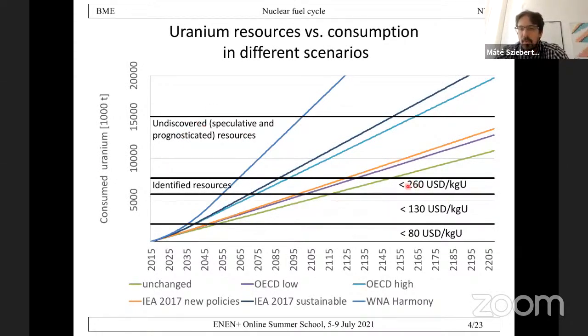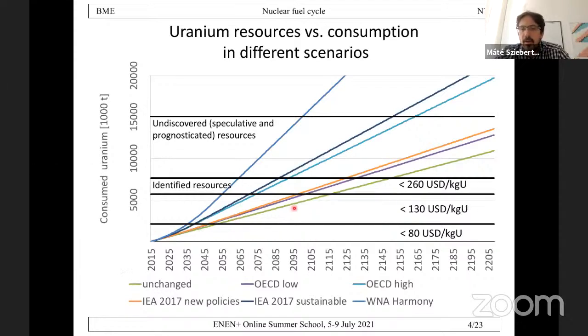It is also very important that the cost of producing the uranium is different. Nowadays we are in the age of quite cheap uranium, but as these resources are consumed over the years, the price may go up because you have to reach more and more expensively recoverable resources.